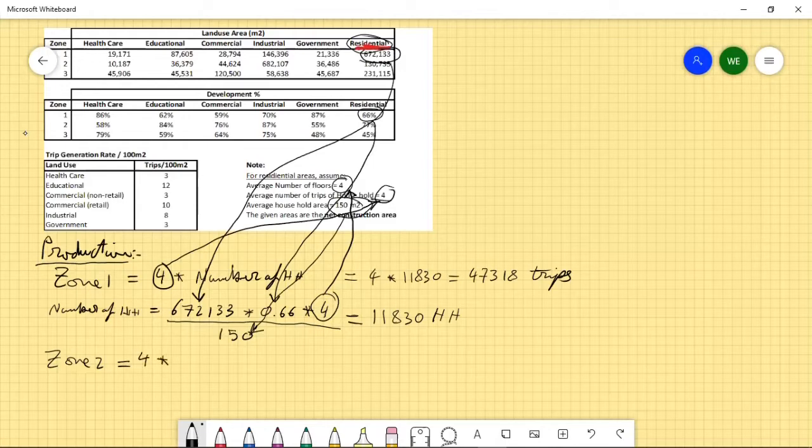So it's 4 multiplied by the area, which was 130,735, multiplied by 0.77, multiplied by 4, divided by 150. We have 10,737 households, okay.